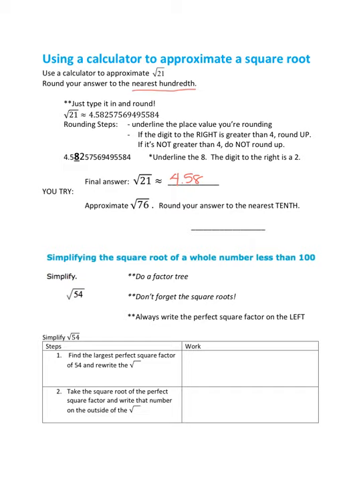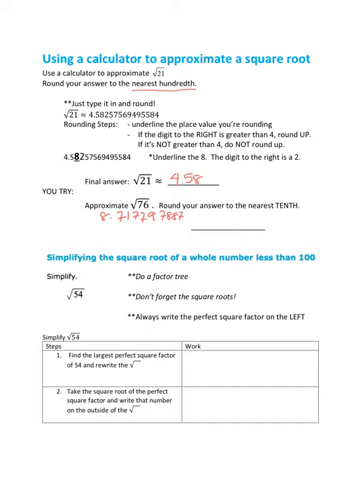Now, I want you to try, pause this, and approximate the square root of 76. And I'm going to do it too. So what I got was 8.7177978887.